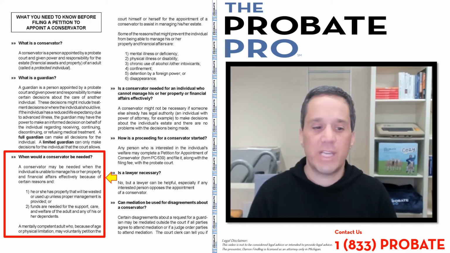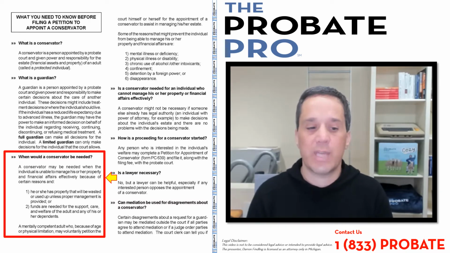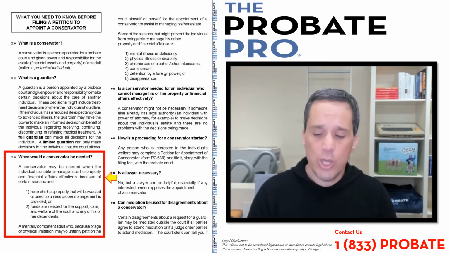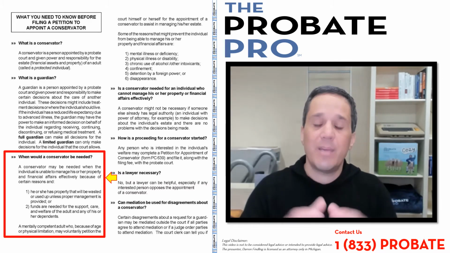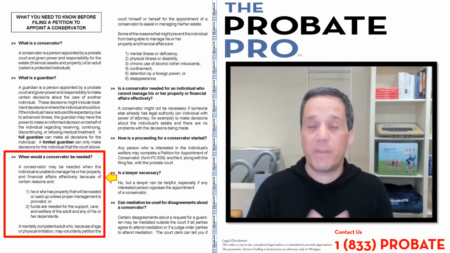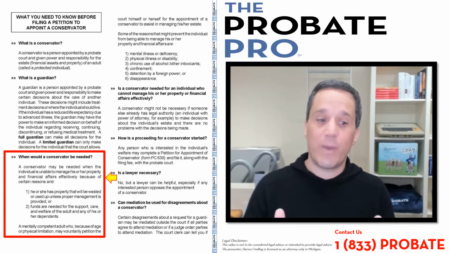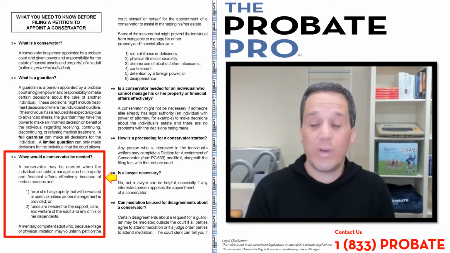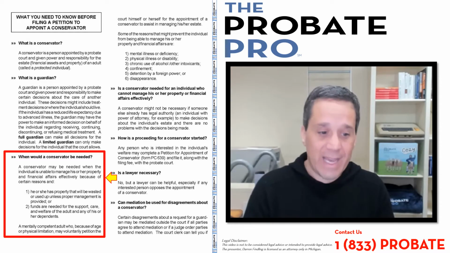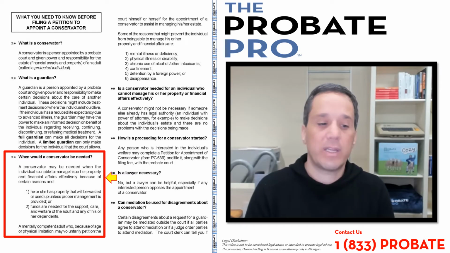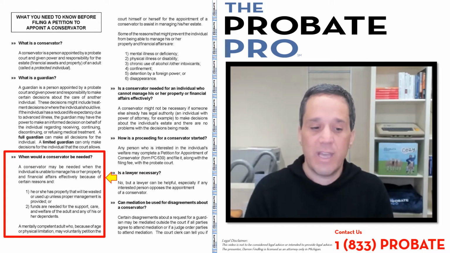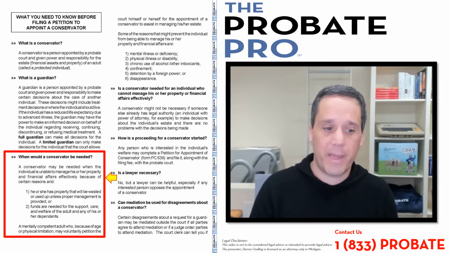One, he or she has property that will be wasted and used up unless proper management is provided. So again, if somebody's unable to manage their financial affairs, but they don't have any property or assets at risk of being wasted, then a conservator would not be needed. Second, funds are needed for the support, care, and welfare of the adult and any of his or her dependents.